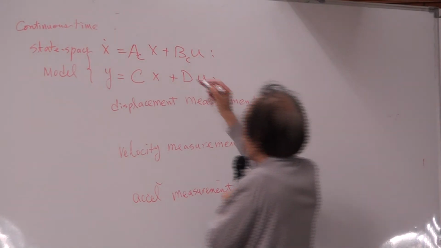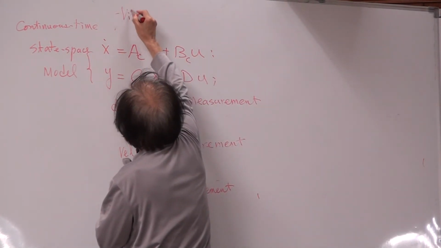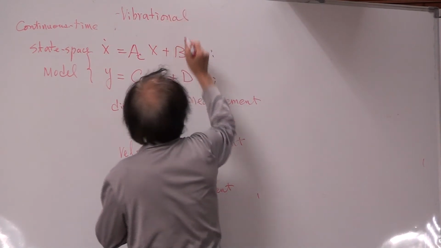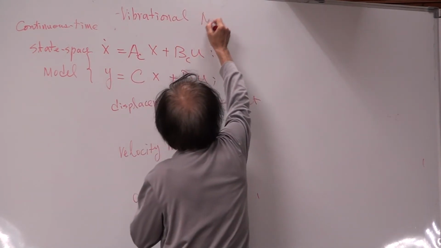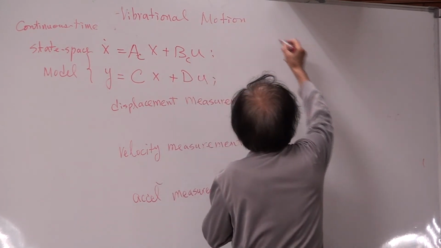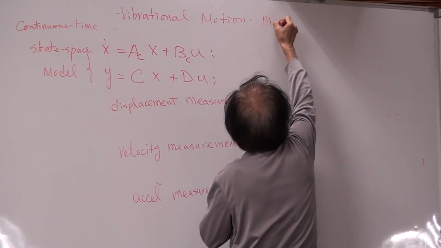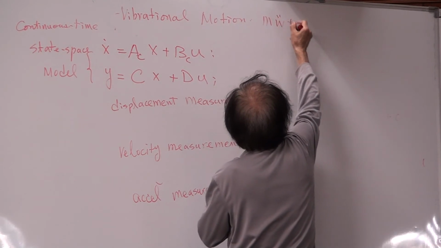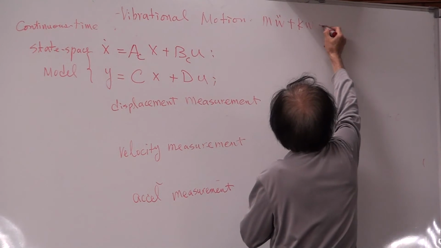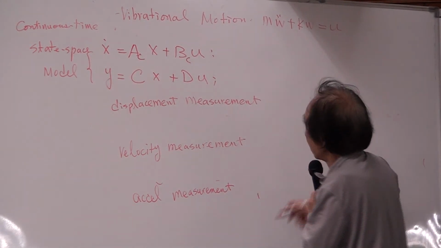Alright, I'm going to summarize this, vibrational motions. M w double dot plus k w equal to u. Alright.